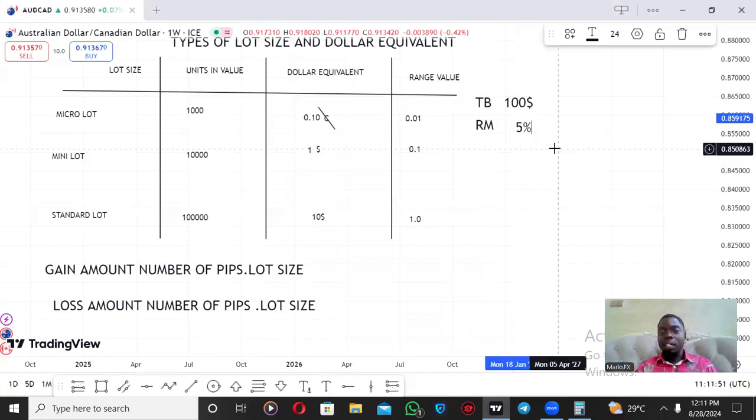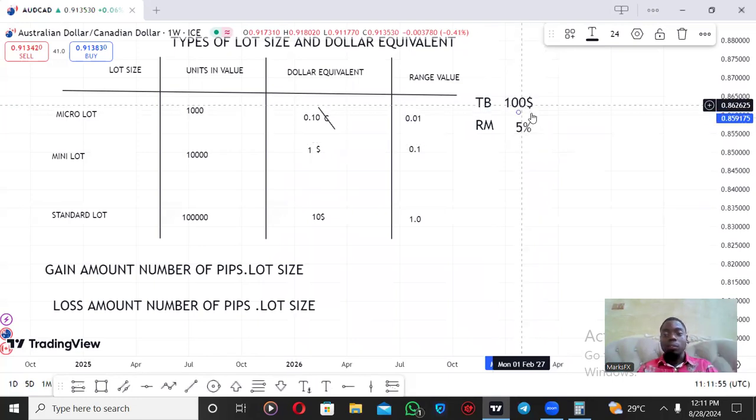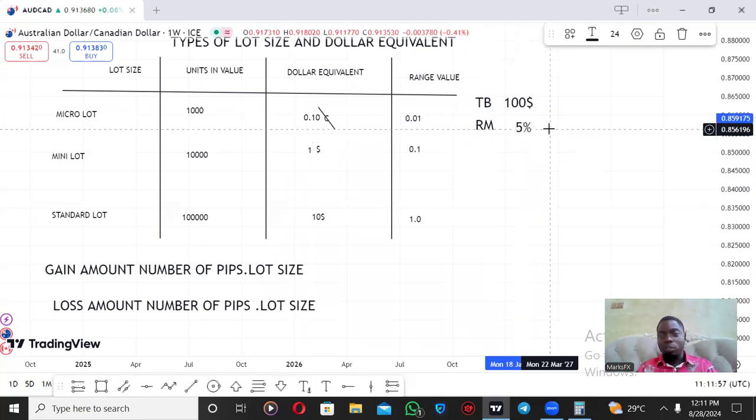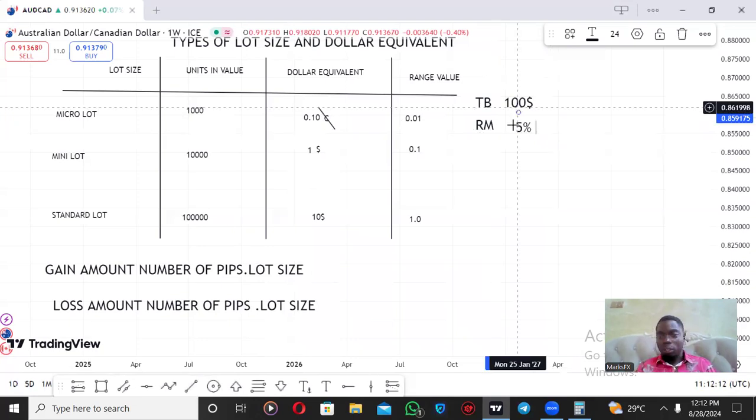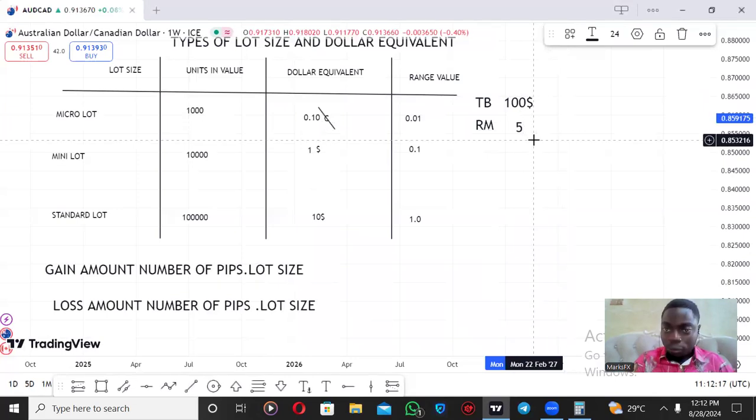That is the amount of money you want to lose from this account. And this 5% is equivalent to $500 divided by 100. That is 5. So 5% is what you want. You want to lose $5.